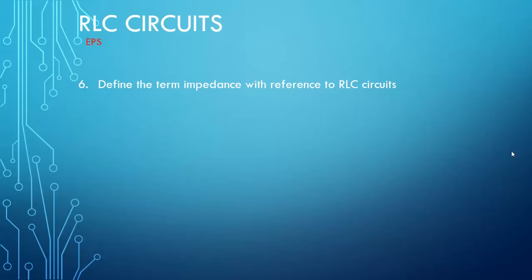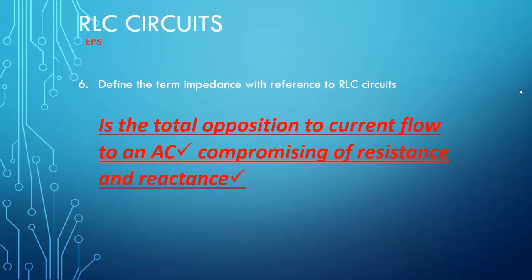Define the term impedance with reference to RLC circuits. It is the total opposition to current flow in an AC circuit comprising resistance and reactance.